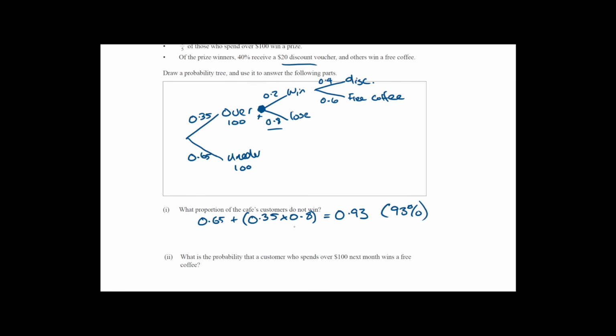So they win a free coffee, so it's going to be 0.2 times 0.6, which is 0.12. There we go. I think that's probably all the working you need, because in order to get those numbers, you had to do the work.